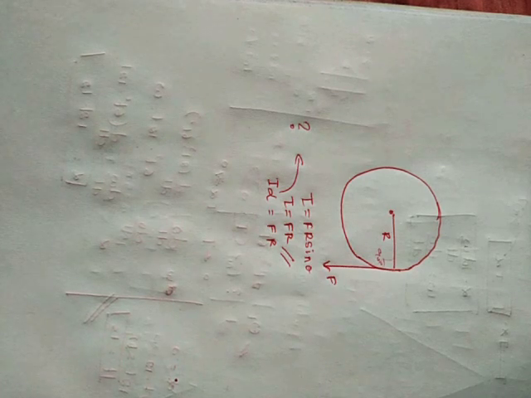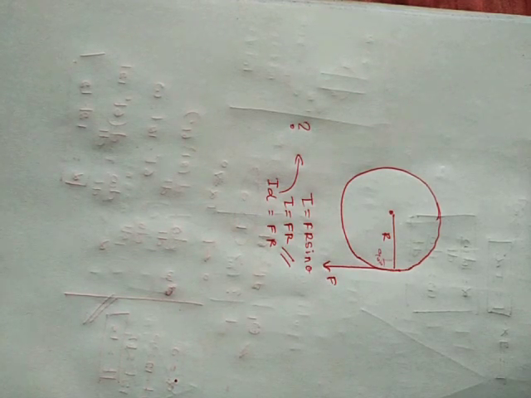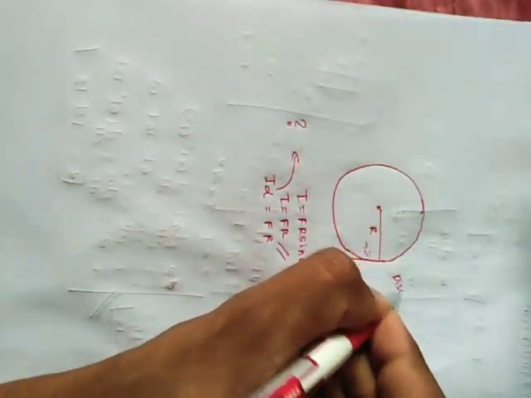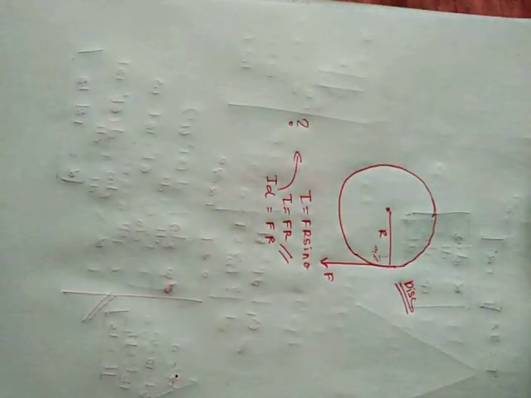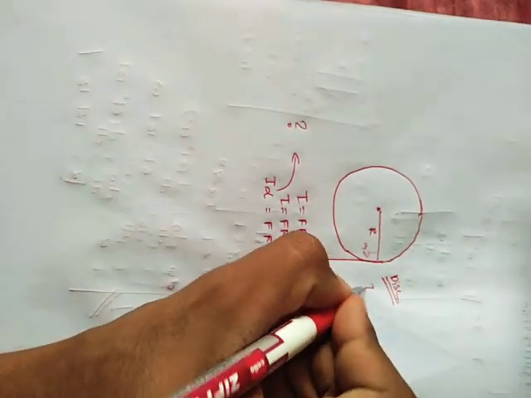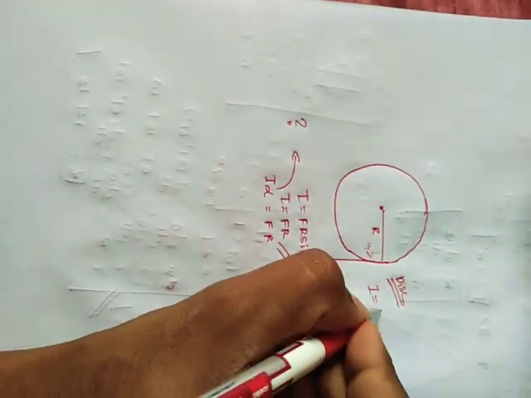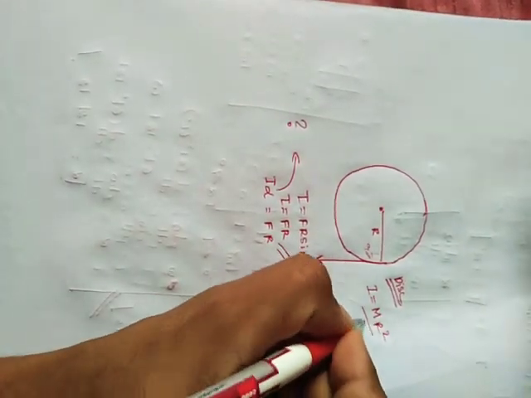We want to find the angular acceleration. This is a disk. What's the moment of inertia for a disk? That is mr square by 2.